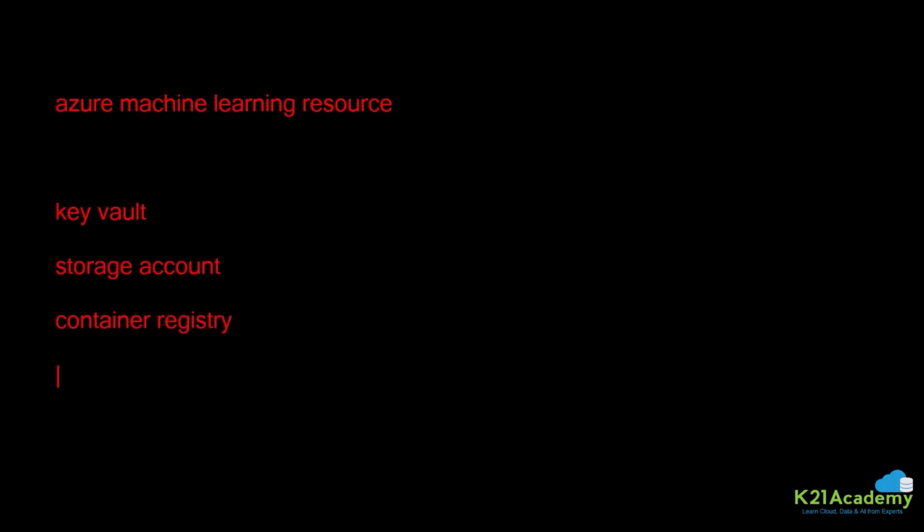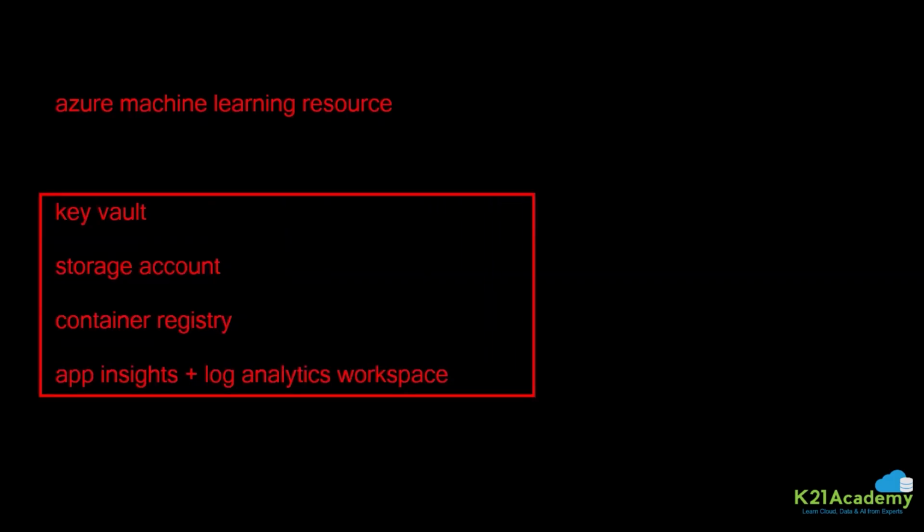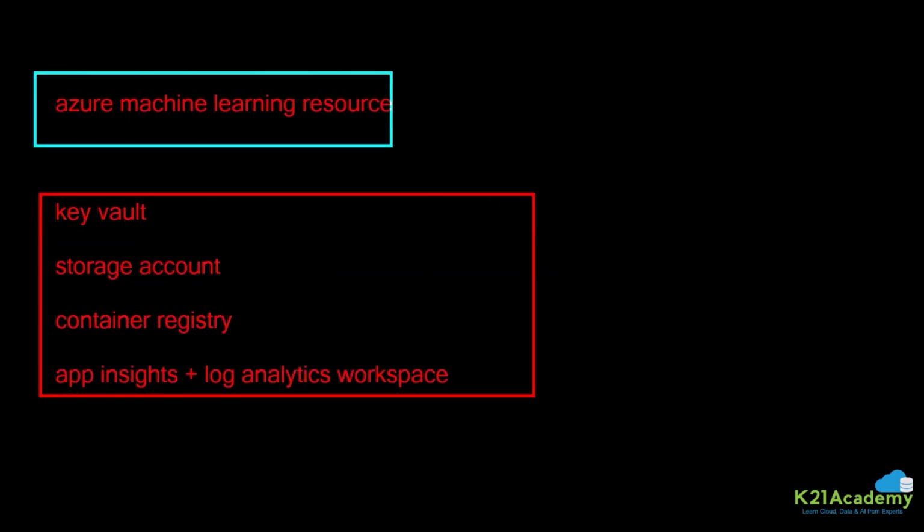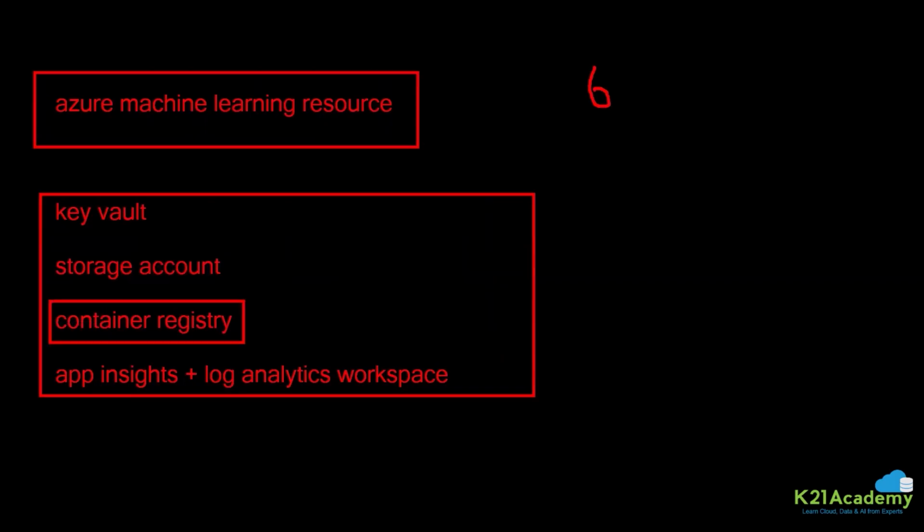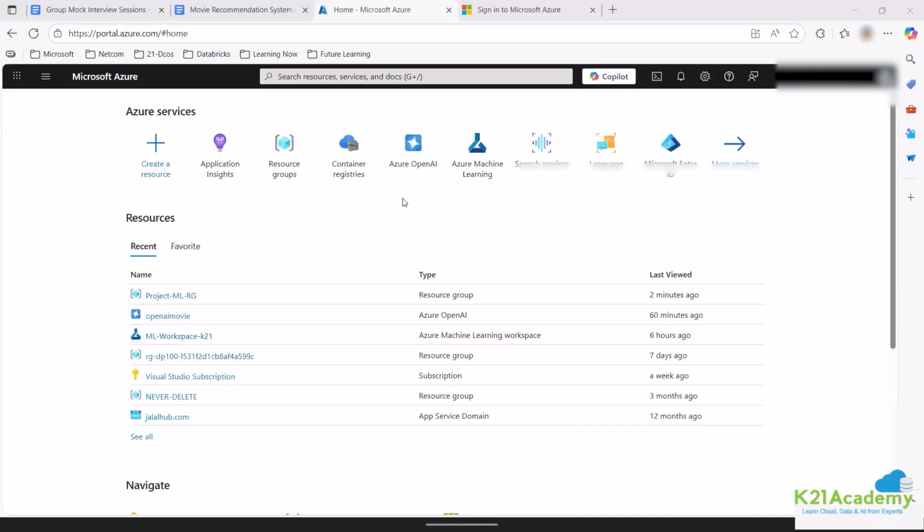Optional, but you can get it. But this gets automatically created at the time of deployment. And then you get app insights with log analytics workspace. So do remember there are multiple resources that get created. In total, 1, 2, 3, 4, 5. Five are dependent resources and one is the main resource that gets created. In total, 6. Simple.